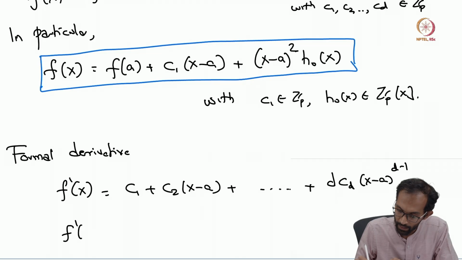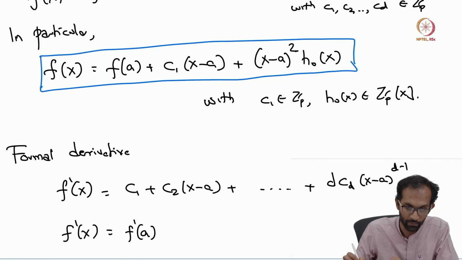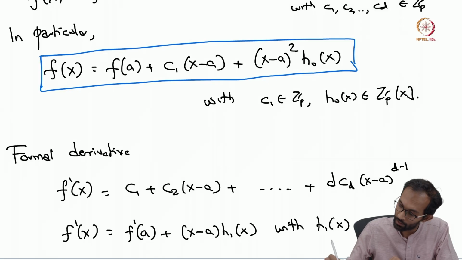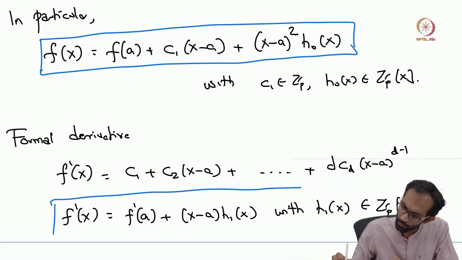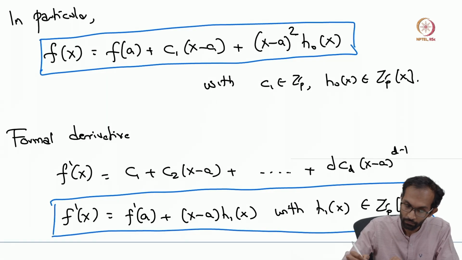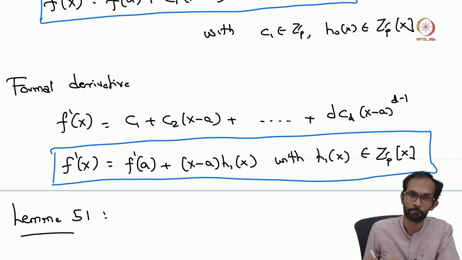And so again f prime of x, the constant term here is f prime of a, and let's write this as x minus a times h1 of x, where this h1 of x is again a polynomial in one variable over Zp. Okay, so just some formal properties that you're already aware of for polynomials. So we'll need this later in the proof of Hensel's lemma.